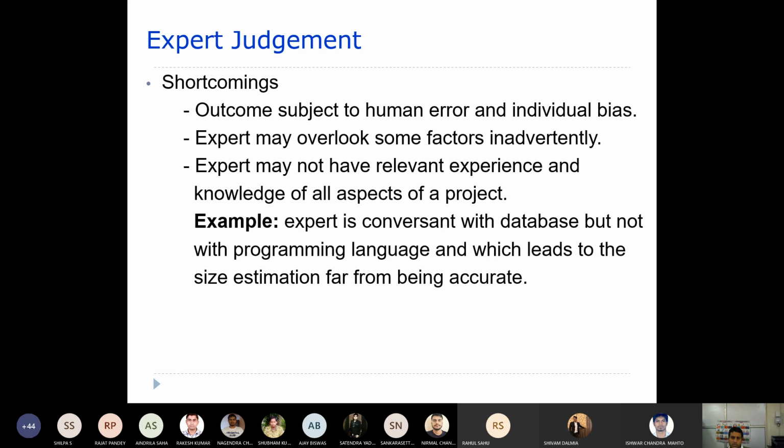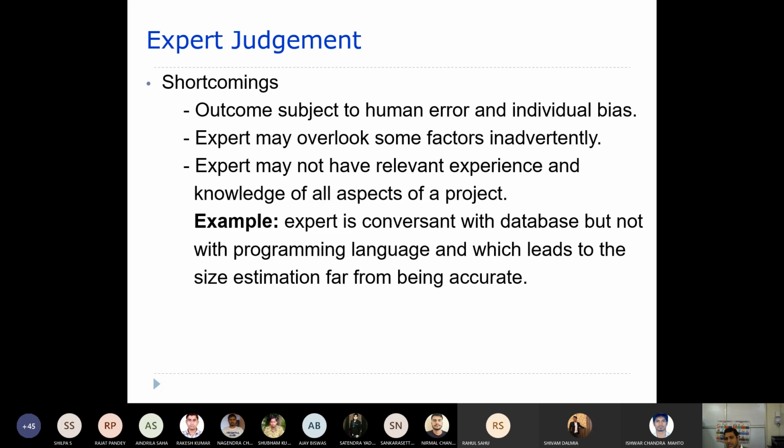Maybe that expert is good at database design, but not good at programming languages. As a result, what will happen during the cost estimations? He may give an accurate cost for the database module, but not an accurate cost for the module which will be developed using some programming language.